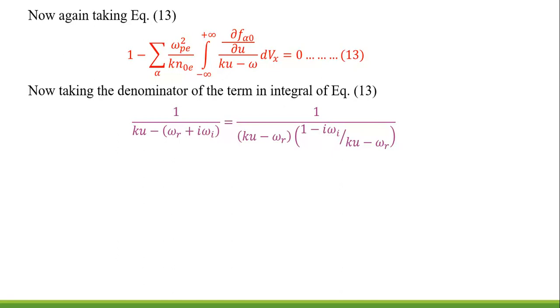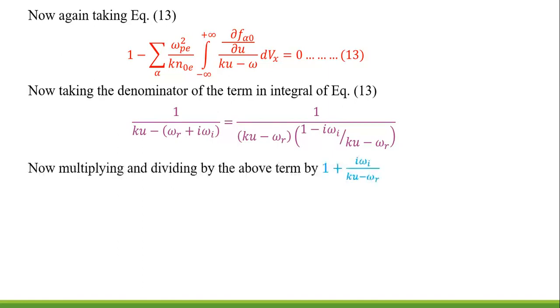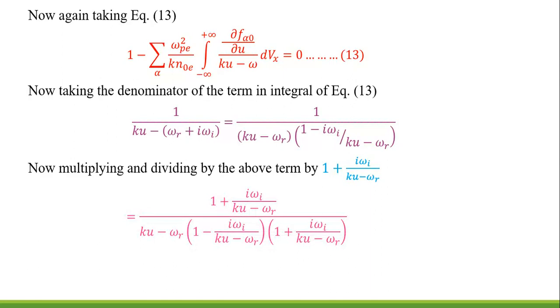So let's write 1 over ku minus omega, where omega consists of both real and imaginary parts. Taking ku minus omega r as common, this expression can be written like this. Or I can multiply and divide this expression by 1 plus iota omega I over ku minus omega r to get this expression.